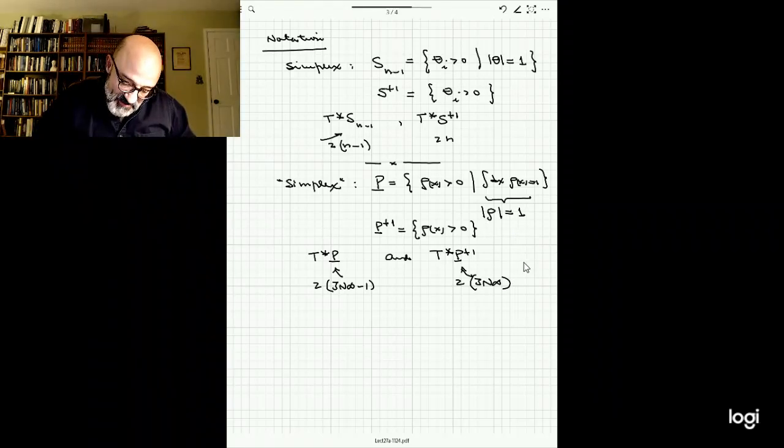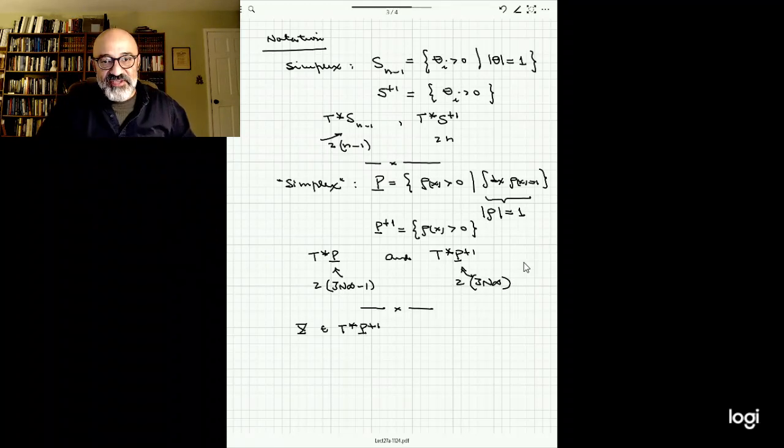So we need a better notation to do all of this. The notation that we're going to use is we're going to say a point in the embedding cotangent space is going to be described by coordinates.